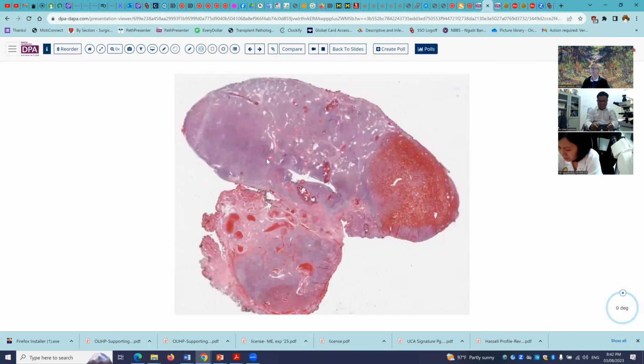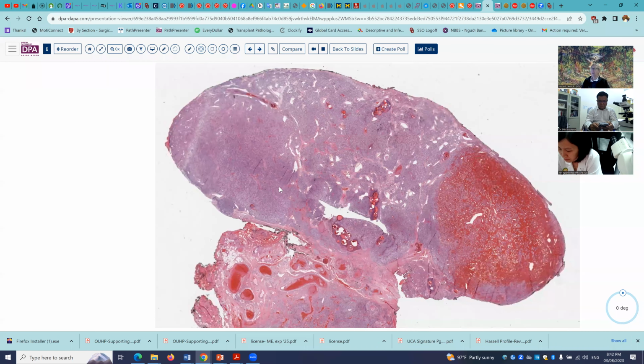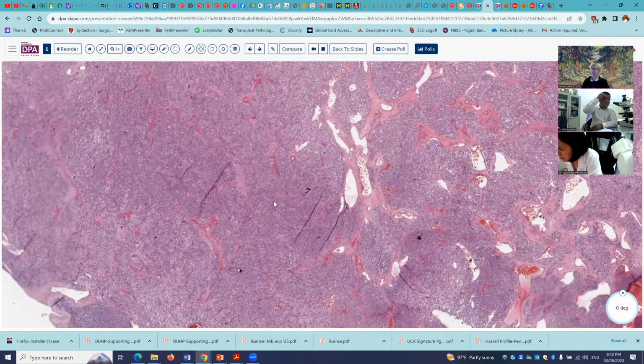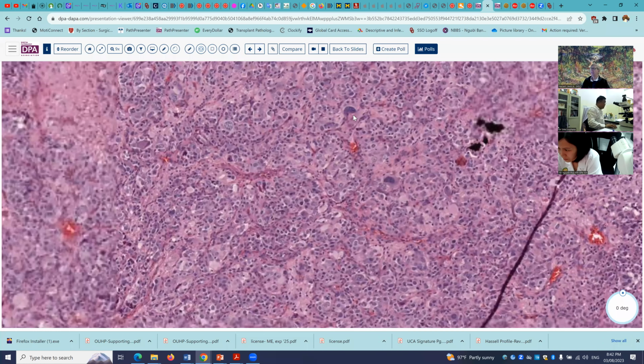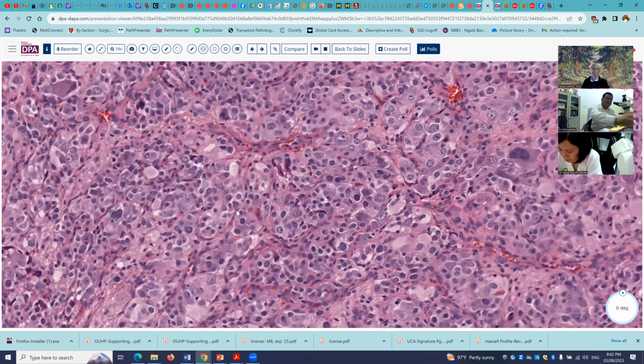Here's another head and neck lesion with this carotid area. Again, we see a quite vascular background. And here we can see again this degree of nuclear pleomorphism and atypia that in these lesions has no relationship to malignancy.